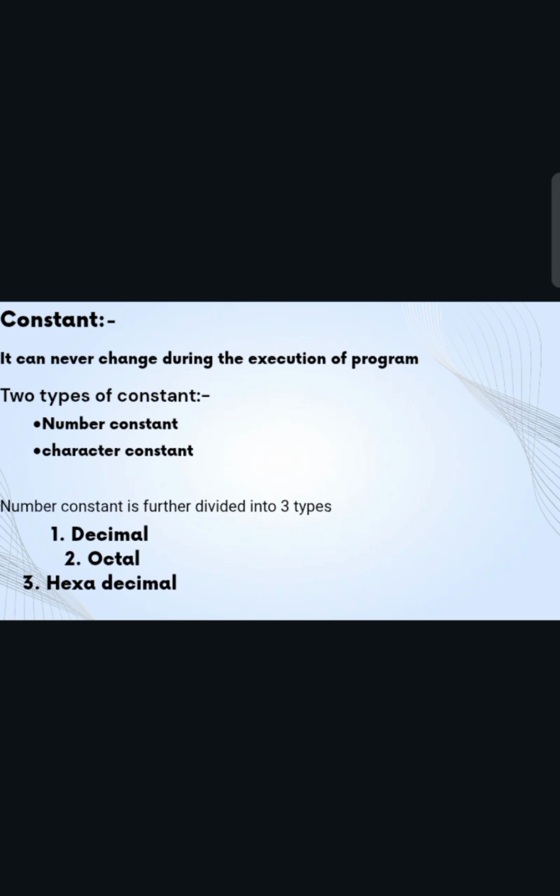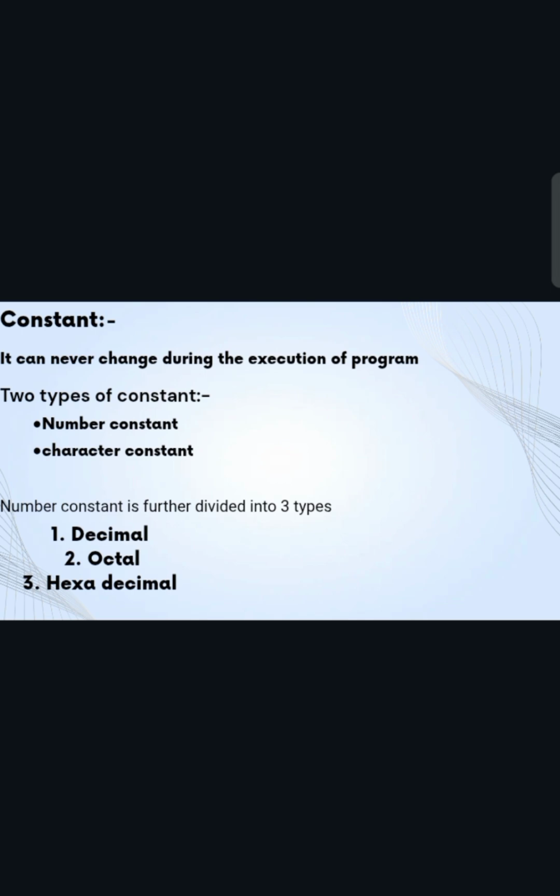Then the octal integer uses the values 0 to 7 and its base is 8. It allows both positive and negative values, and doesn't allow any special symbol. The digits start with 0, for example 05, 014, 041.